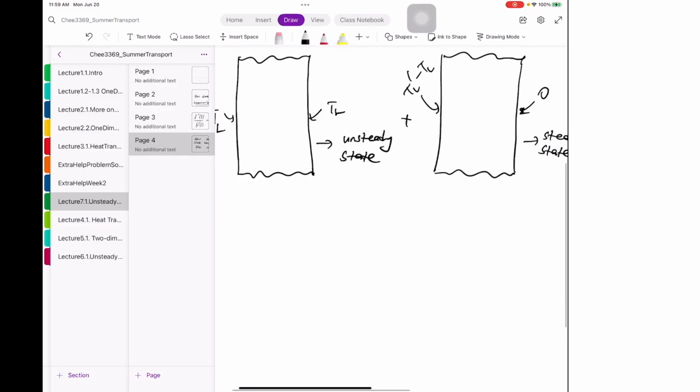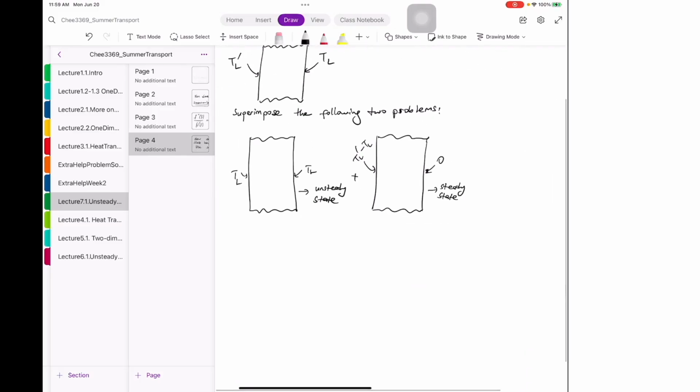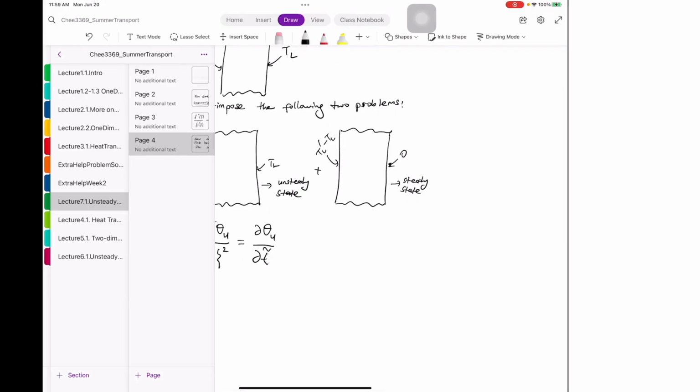Okay? And for the system on the left, you have this equation, del squared theta unsteady over del psi squared is equal to del theta unsteady divided by del t tilde. The one on the right-hand side, since it's steady state, the time derivative is going to vanish. So you're going to have del squared theta s over del psi squared, s for steady state, is equal to 0.